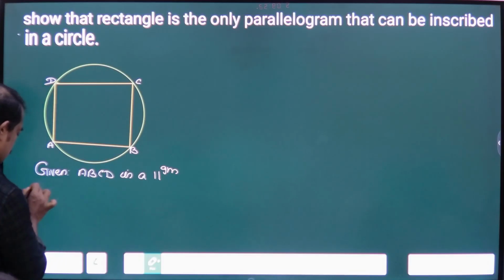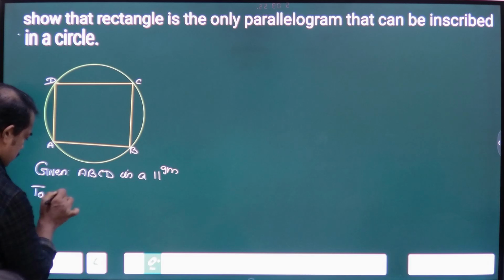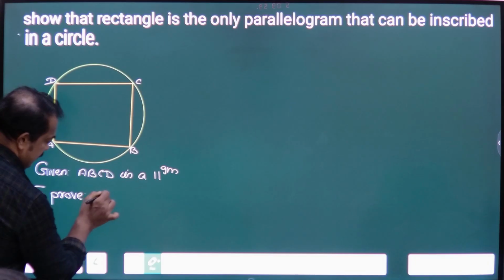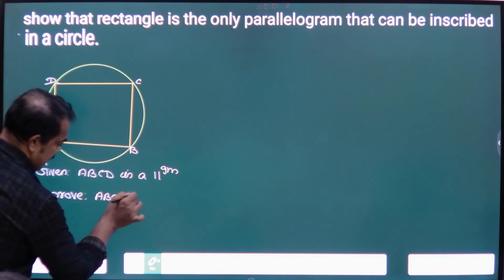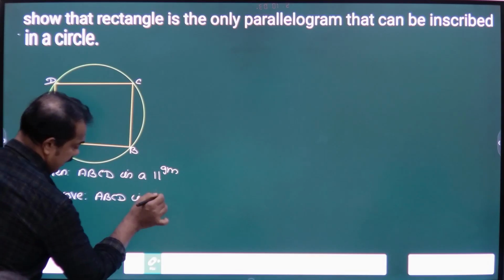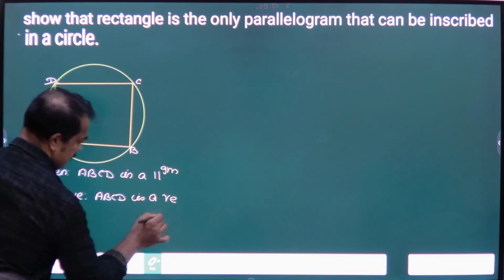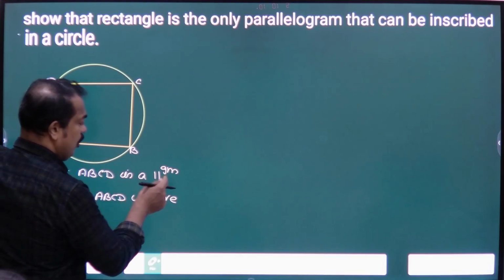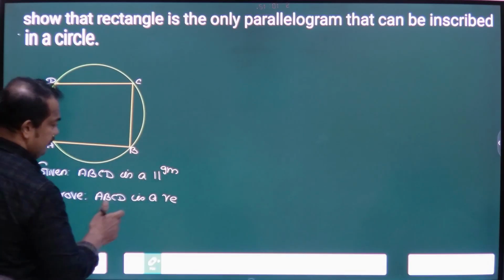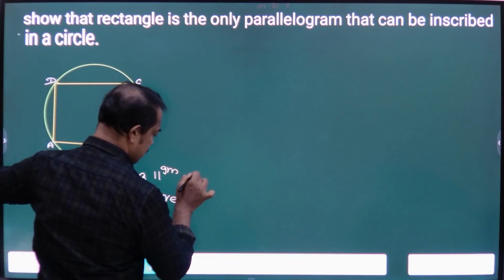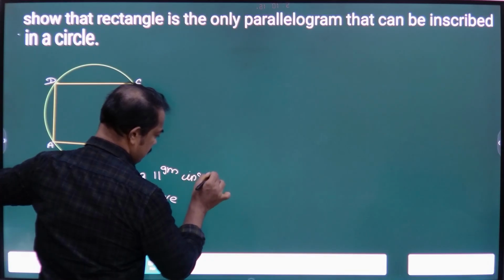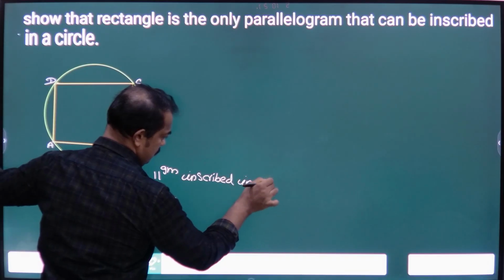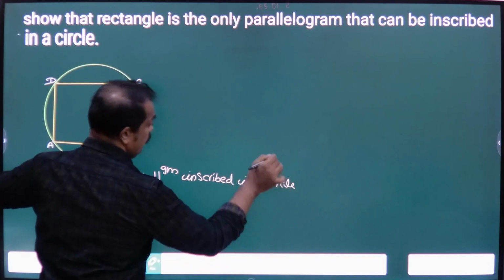To prove ABCD is a rectangle. एक काम कर दो, गिवन में लिख दो ABCD is a parallelogram inscribed in a circle. पूरा पूरा लिख देना.